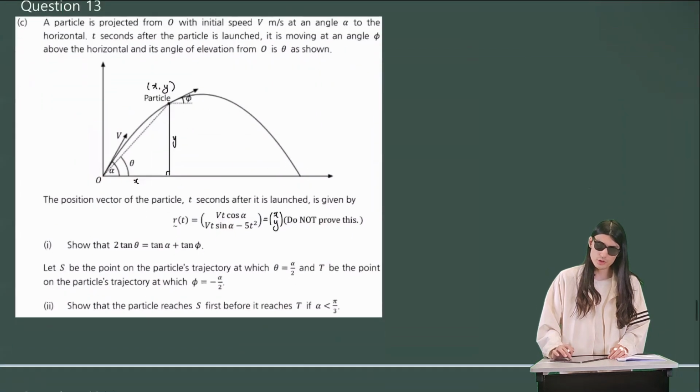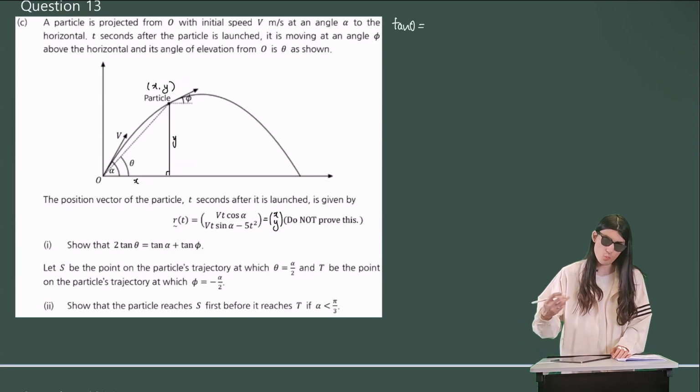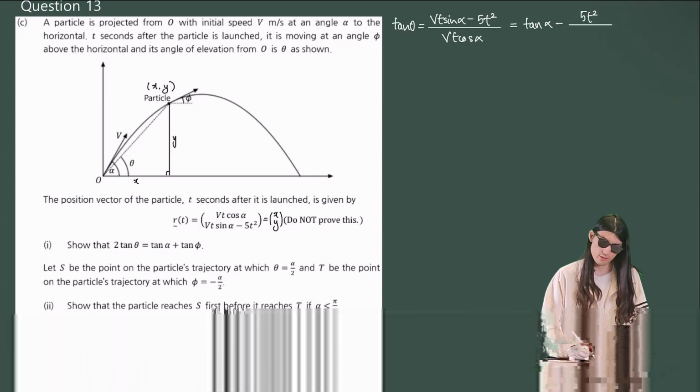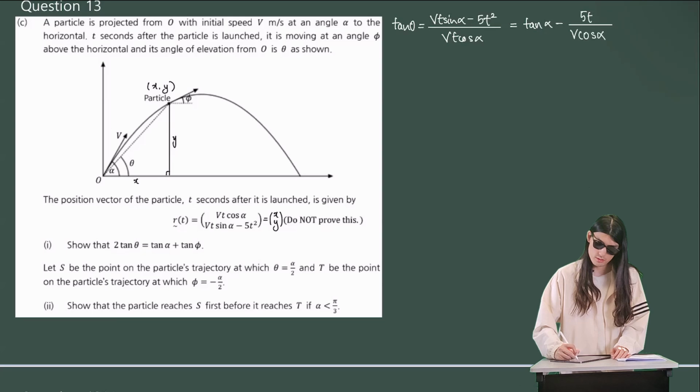Such that tan theta can then be expressed as y over x, which is that, and that simplifies to tan alpha minus 5t squared over, in fact, one of the t's cancels, so 5t over v cos alpha.